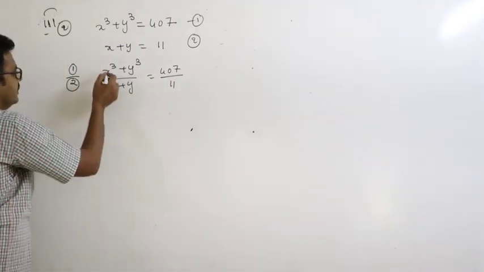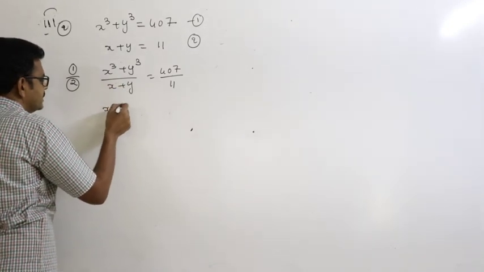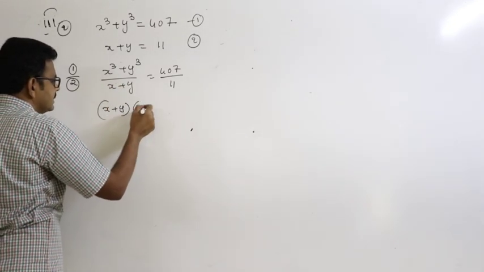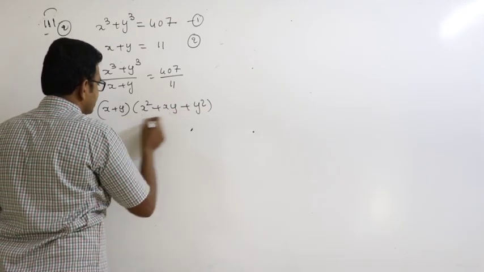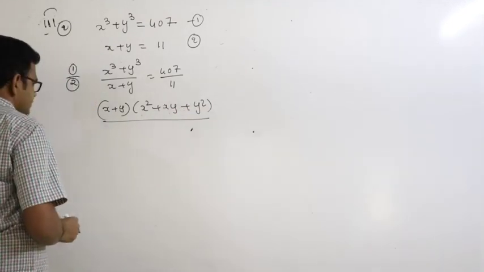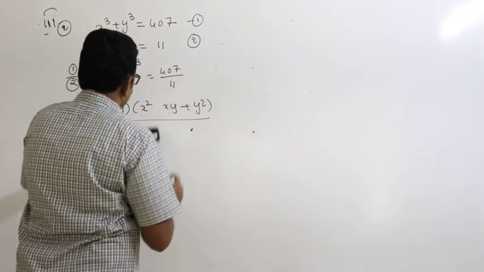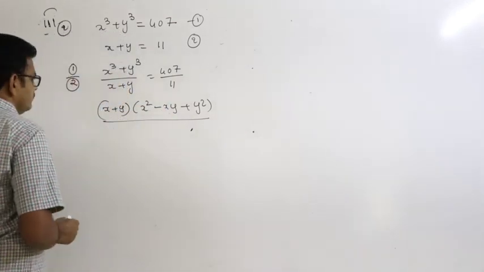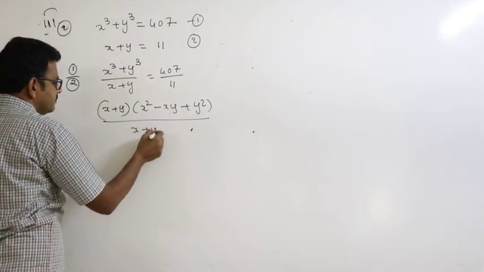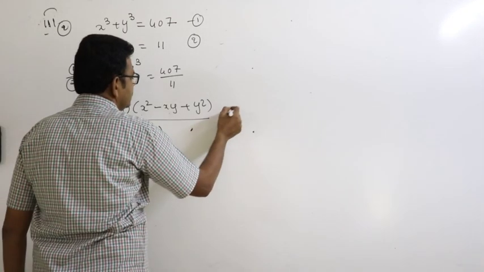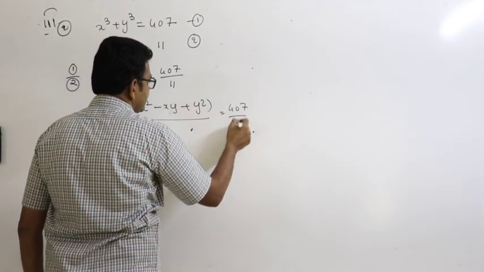407 by 11. a cube plus b cube, x plus y into x square minus xy plus y square, sorry, it is minus, by x plus y is equal to 407 by 11.